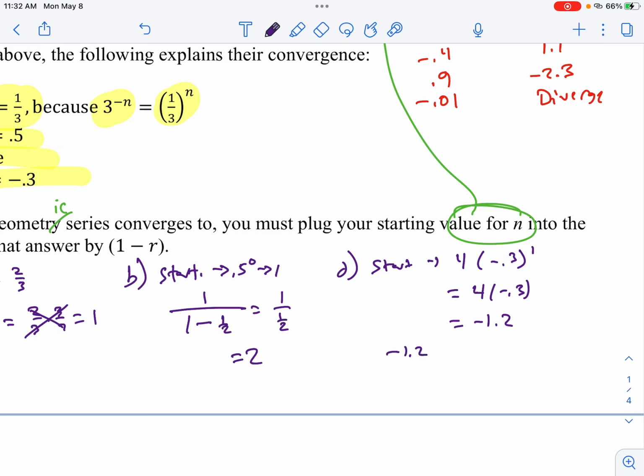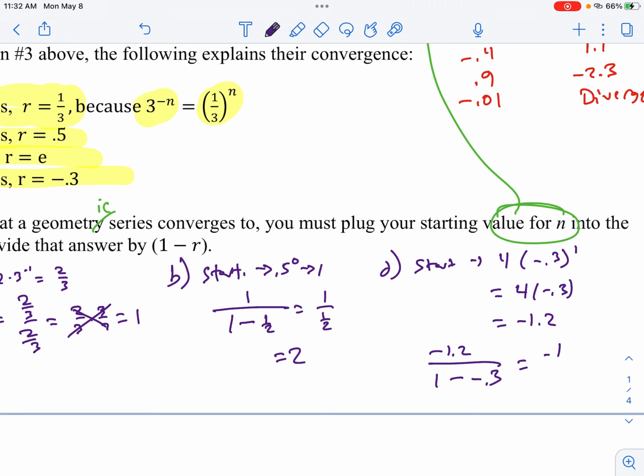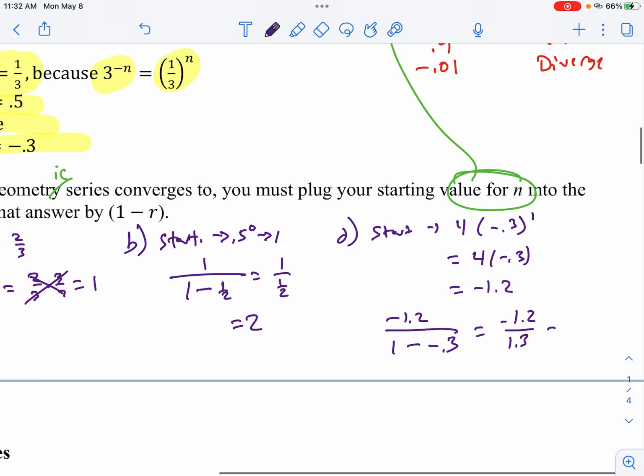So that's my starting value. So negative 1.2 over 1 minus r, which was negative 0.3. So that's going to be negative 1.2 over 1 plus 0.3. And whatever negative 1.2 divided by 1.3 is. Negative 0.923.